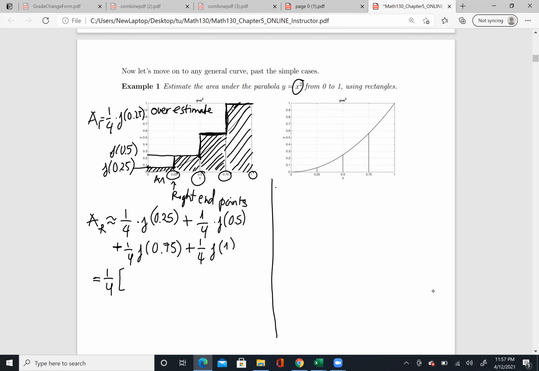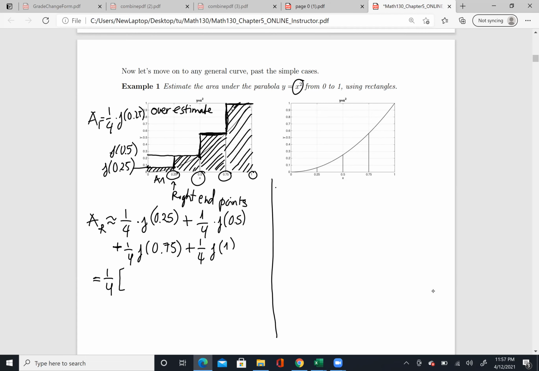So now let's go ahead and use the GeoGebra app for doing all this busy work. So let's come back with example number 1 here with y equal to x squared.